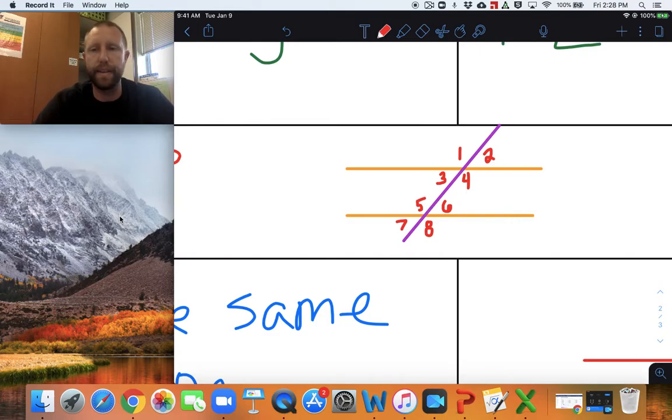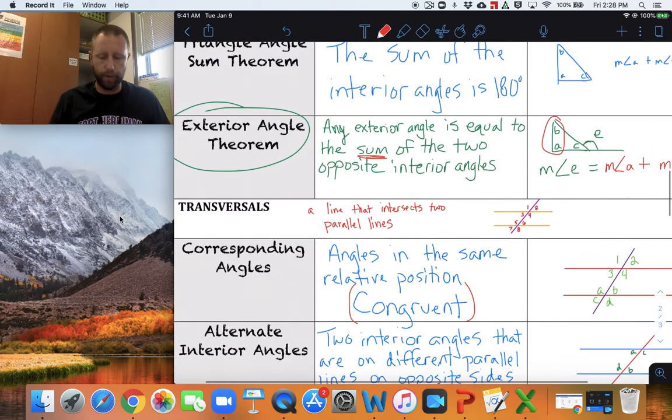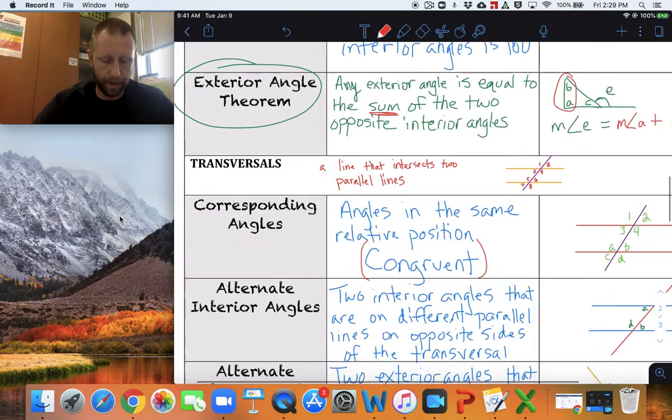And what happens is these special relationships get formed. So when a transversal cuts through two parallel lines, it forms these 8 angles. Sometimes there can be more angles formed if there's more lines, but what we're going to focus on for right now is just when two parallel lines get crossed by a transversal. And a transversal, that's what we call the line that cuts through those two parallel lines.